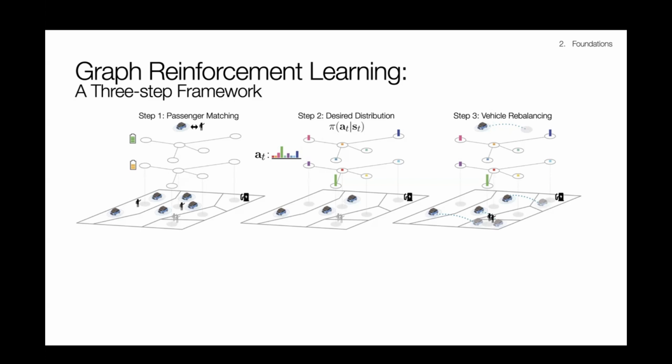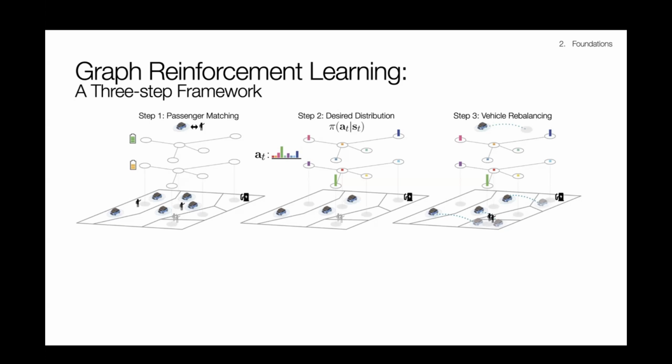So the question is, in steps 2 and 3 we do care about future states implicitly through RL, but in step 1 we're actually solving this instantaneous problem. That is very correct. I would say the nice thing about this framework is that it is completely agnostic to the specific formulations of step 1 and step 3, right? So if we had something smarter or something tailored for a specific application that we want to include in step 1, there's nothing that really stops us from doing so.